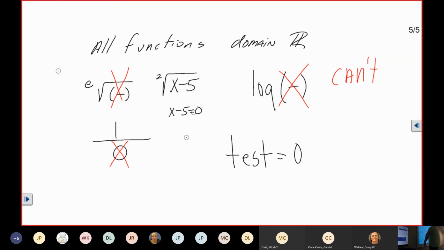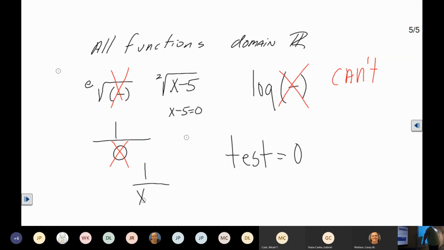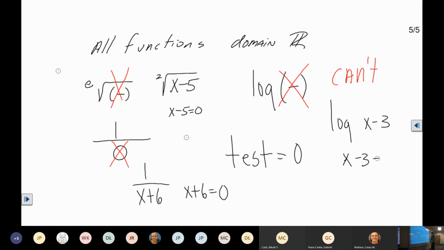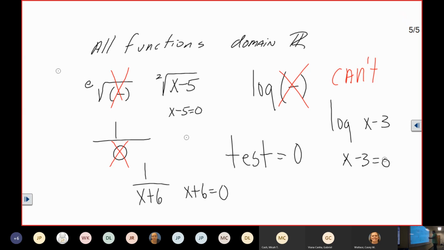If I've got 1 over x plus 6, I'm going to set x plus 6 equal to 0 and solve. If I've got the log of x minus 3, I'm going to set x minus 3 equal to 0. And then I'm going to graph it and say, what numbers can I not use?